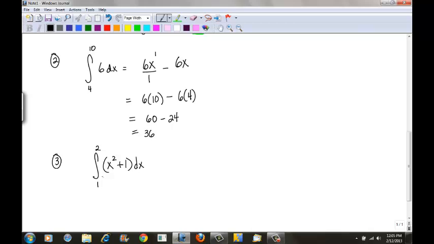Some just work one. If I work one, I would say, okay, add 1 to this exponent would be x to the third, divide by the new exponent, okay? And now this is like x to the 1, x to the 0. So if I add 1 to the exponent, it would be x to the first divided by 1.